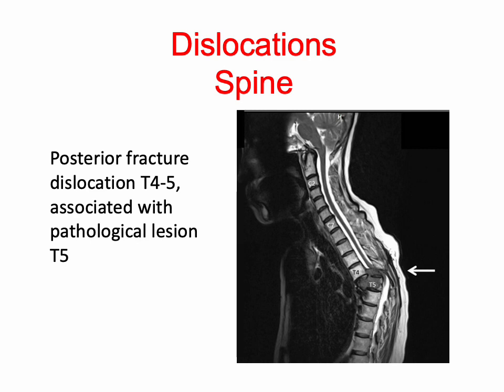Again, a fracture dislocation where there's a pathological fracture of T5. We've got all this abnormal signal in T5, and T4 is anteriorly dislocated compared to T5, and this is the spinal cord, which is being completely squished at this level.